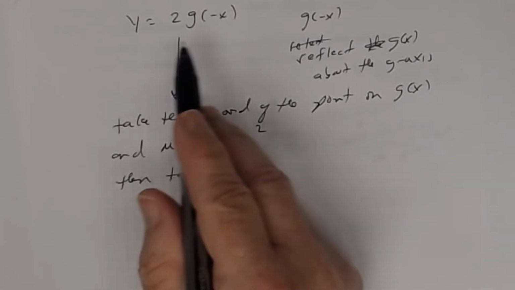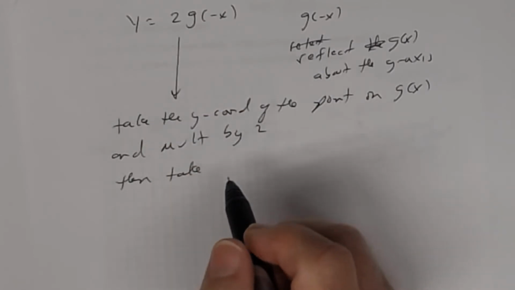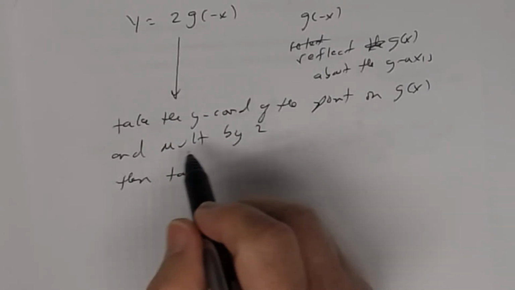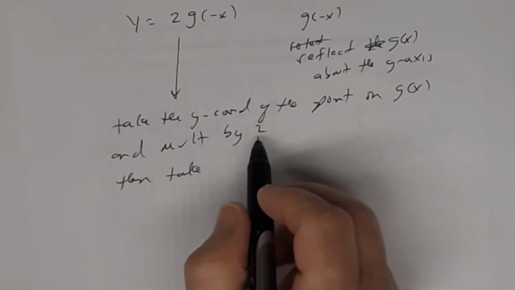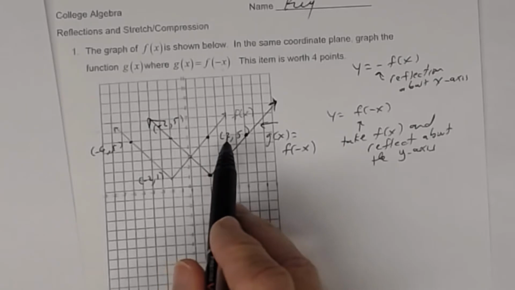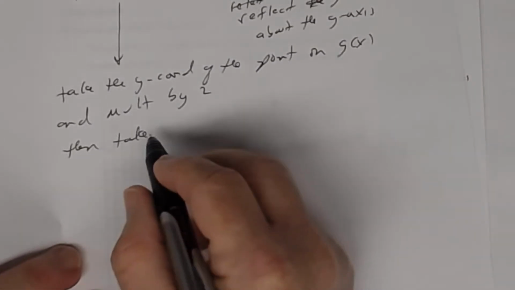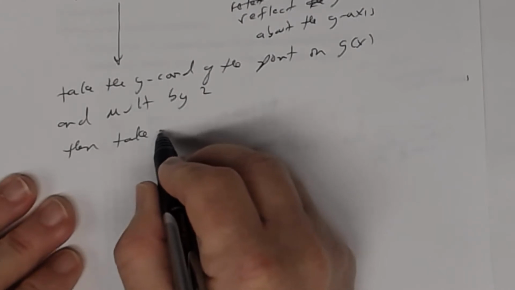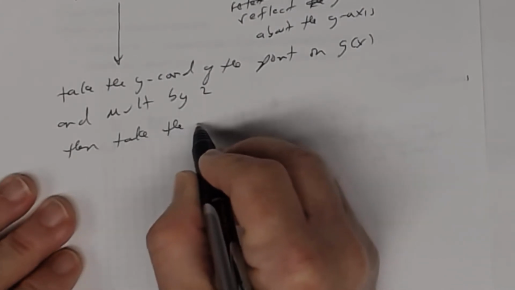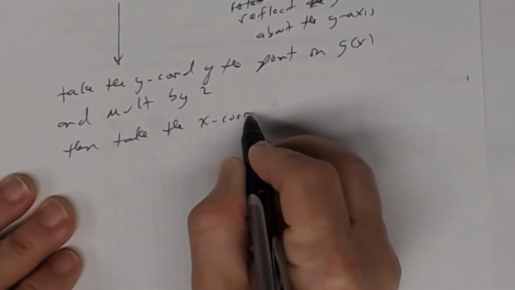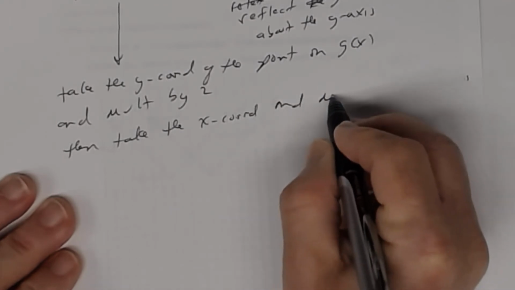When I reflect about the y-axis, remember what changes. The y-coordinate stays the same. The x-coordinate changes. They become opposites. So this says then take the x-coordinate and multiply by negative 1.